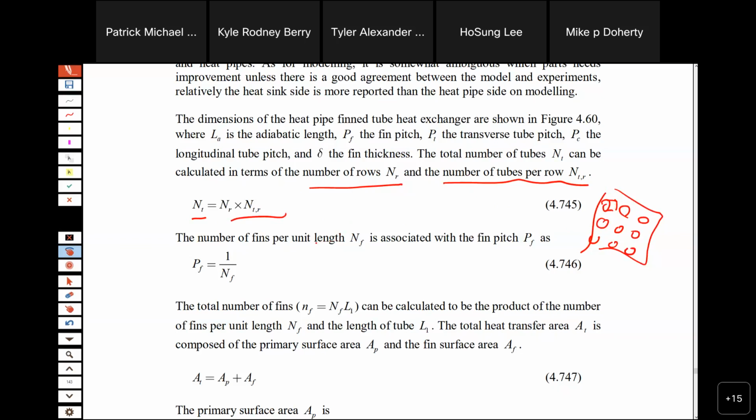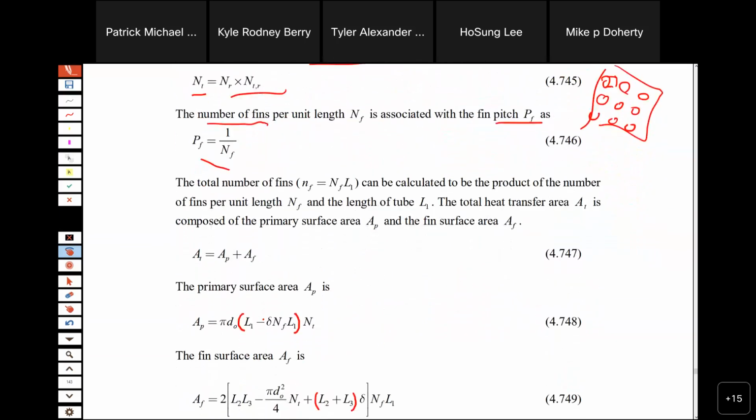And the number of fins is related to the pitch, you know, a relationship. So that I can figure out the fin pitch using the number of fins per unit area.